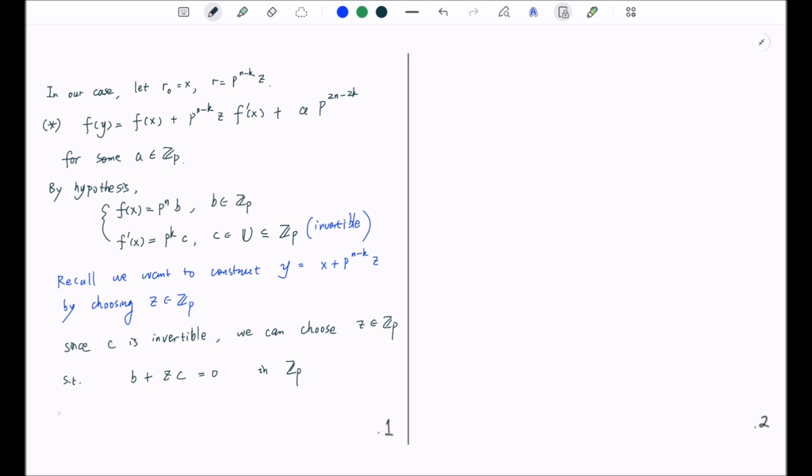And in particular, if you look at this equation modulo p, you can write this as b plus z times c congruent to 0 modulo p. And you will see why we are doing so in the next step.